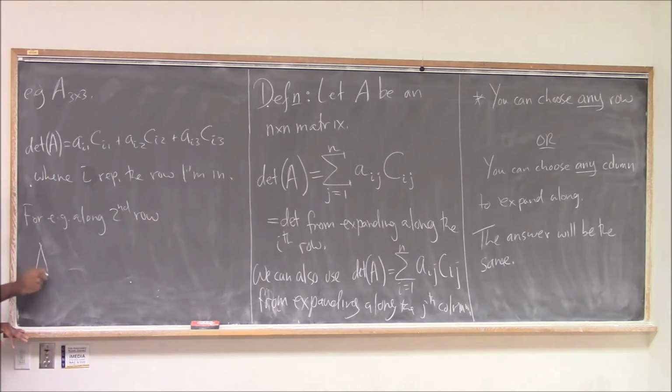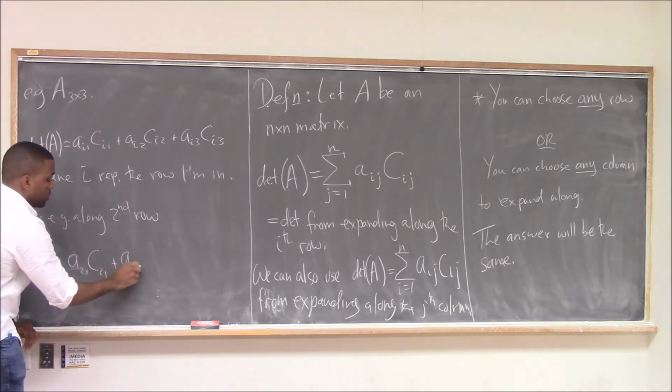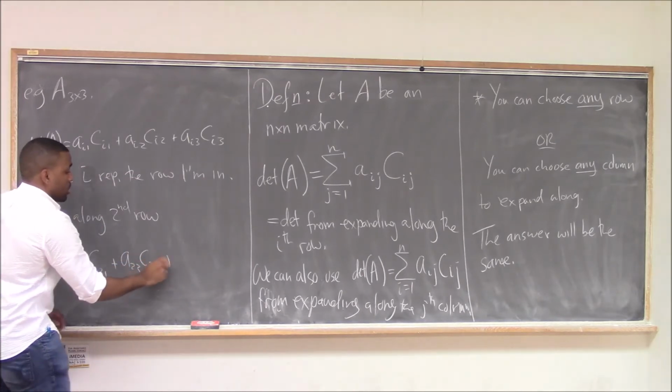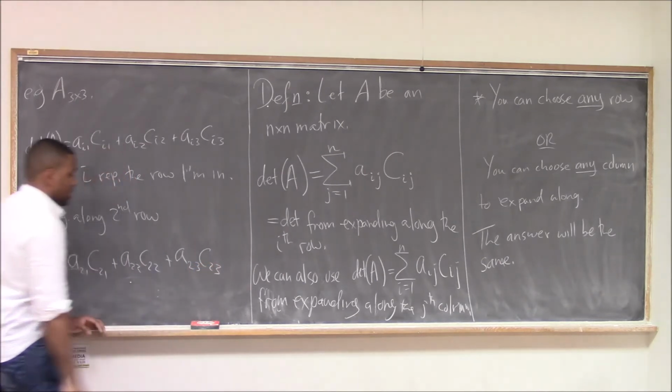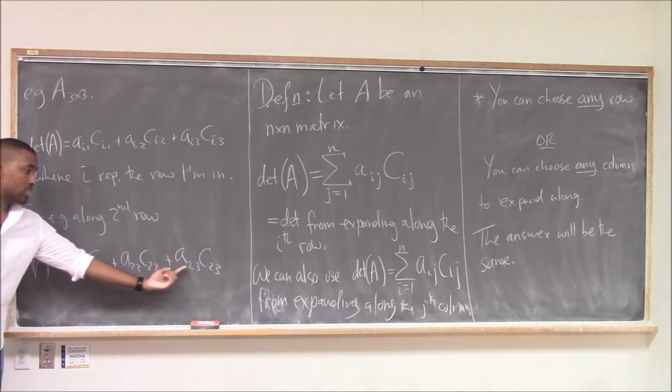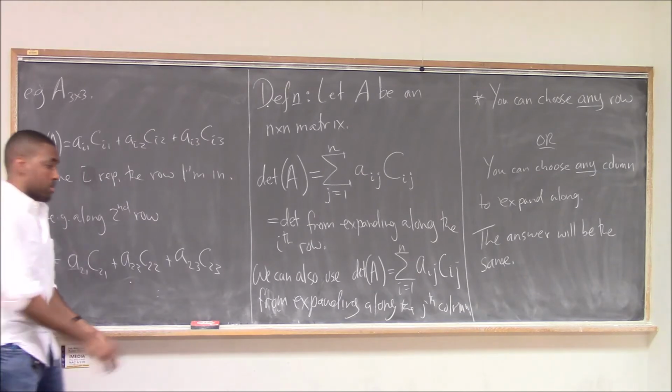The formula for that determinant is going to be a_21 C_21 plus a_22 C_22 plus a_23 C_23, where these a's are just the numbers from the row of the matrix. The C's involve the determinants that you get by eliminating the second row and the first column. Once you compute all these, you will get a number that's your determinant.